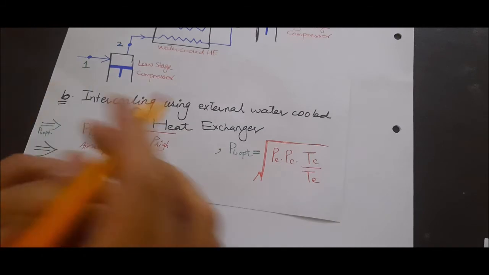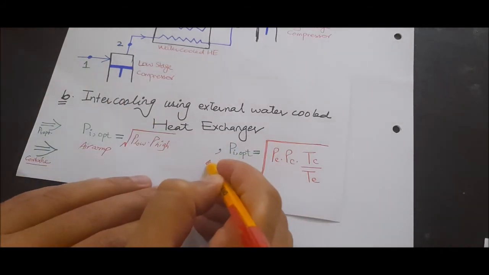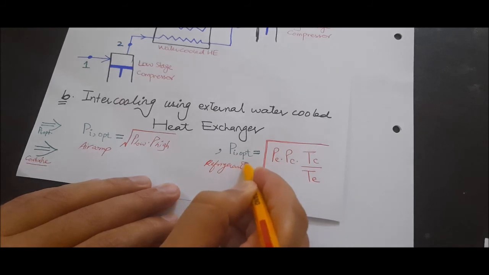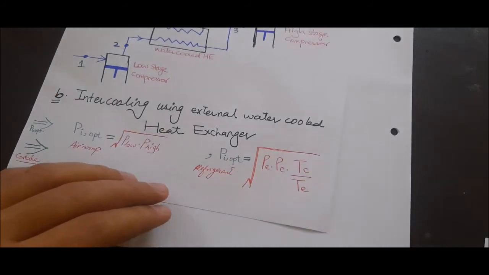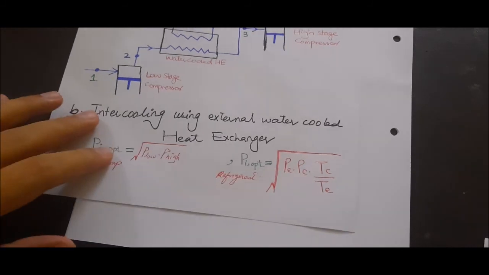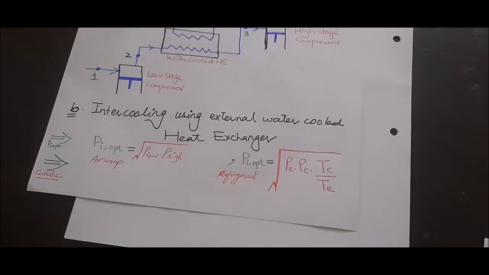Now this is when we have a refrigerant other than air. PE is the pressure of the evaporator, PC is the pressure of the condenser, and TC and TE are the temperatures of the condenser and the evaporator respectively. So this is how the intercooling process takes place.